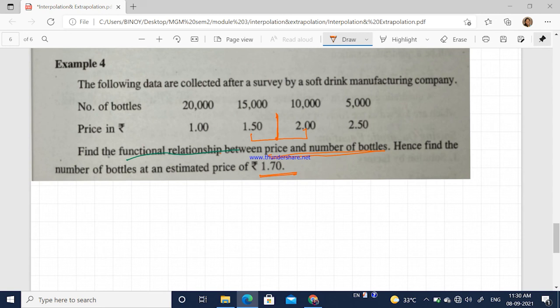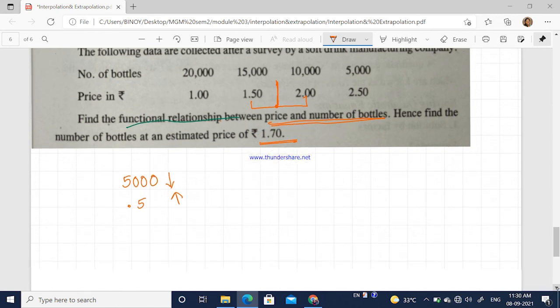From this we can see that if a 50 paisa increase happens, there is a 5,000 reduction. The number of bottles decreased by 5,000 when 50 paisa is increased.